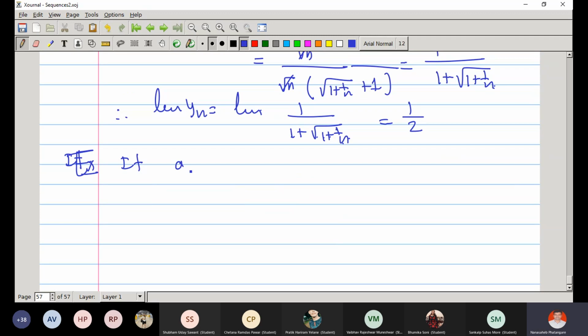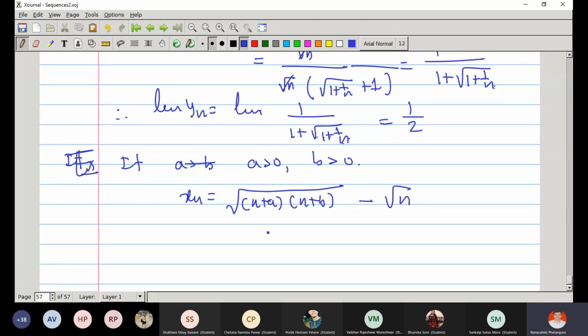Now if a is greater than 0 and b is greater than 0, so a and b are both positive numbers, and xn is the square root of (n plus a)(n plus b) minus the square root of n, then find the limit of xn.